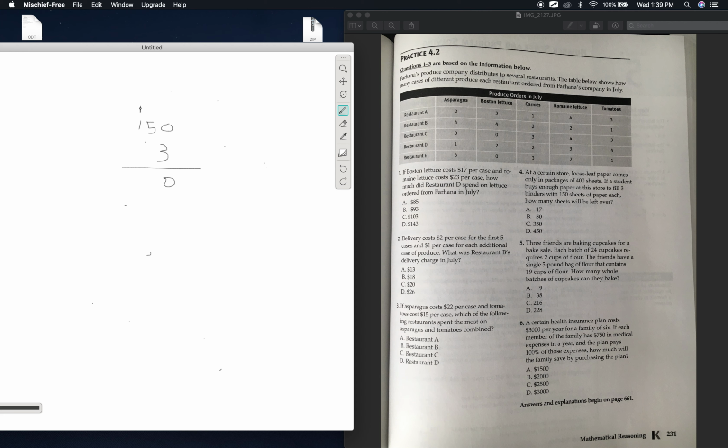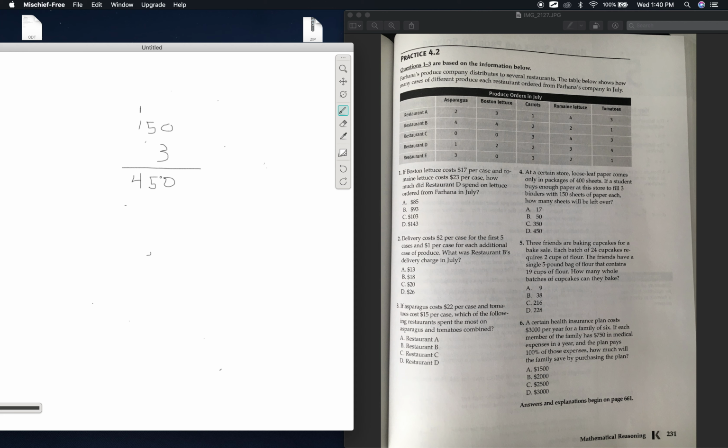We can only use one place value though, so carry the 1, put the 5 here. 3 times 1 is 3, plus the 1 is 4. So if one package has 400 sheets, we know that won't be enough because we need 450, okay?